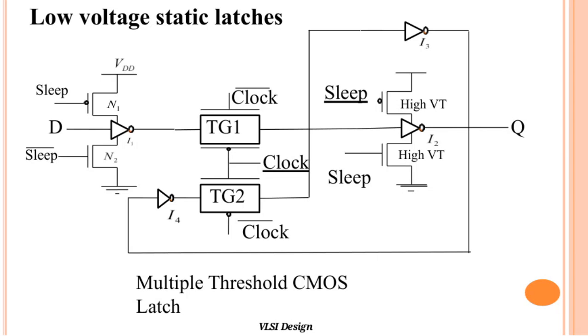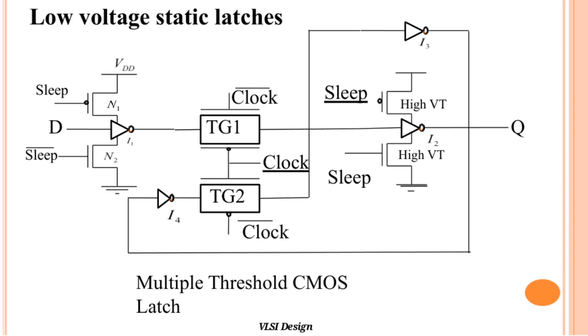Here we have a multiple threshold CMOS latch, a common structure used in low-voltage static latch designs. The key idea here is to use transistors with different threshold voltages, specifically high VT transistors, to reduce leakage currents when the circuit is in sleep mode. Notice the two sleep signals that control the transmission gates, TG1 and TG2, which help isolate the latch from the clock signal during low power states.